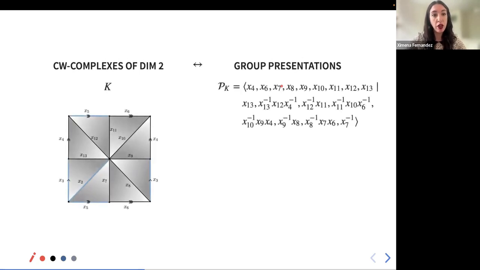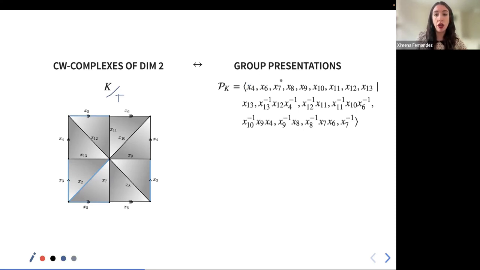Conversely, if you have a complex, then you can construct a presentation of its fundamental group using the following procedure. First of all, you need to identify a spanning tree in the one skeleton, and then you collapse this spanning tree to one point. You compute this quotient, and then you compute the fundamental group of this quotient, which is basically this presentation.